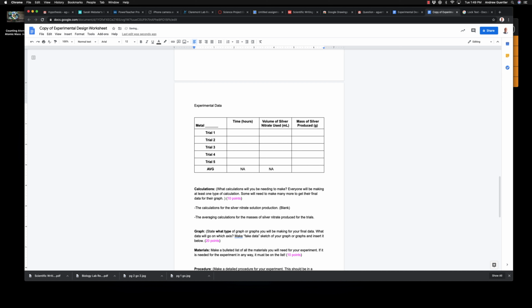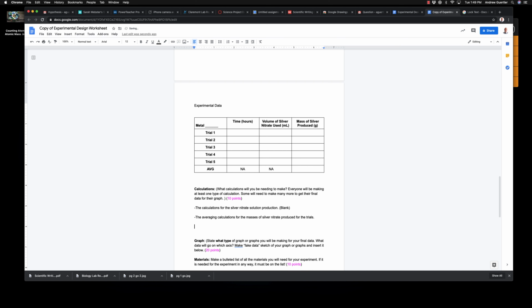Right? So we would do trial 1 plus trial 2 plus trial 3 plus trial 4 plus trial 5. Those are all masses of silver. Underline all that for our division sign.